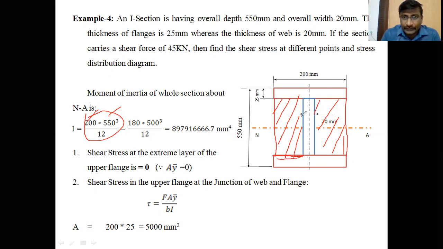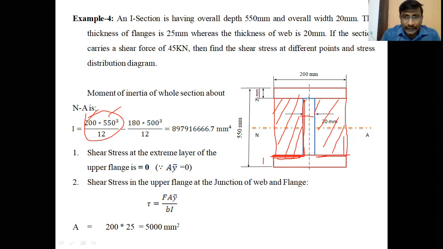Total 200 minus web thickness 20, therefore 180. Half of the 180 is the breadth of each rectangle, so 90 and 90. The height is 550 minus 25 of the top flange thickness and 25 of the bottom flange thickness, total 50. So 550 minus 50, that is 500, is the height of the web.